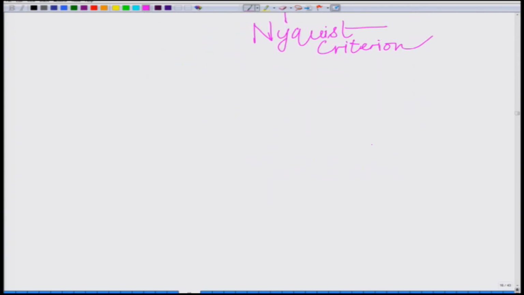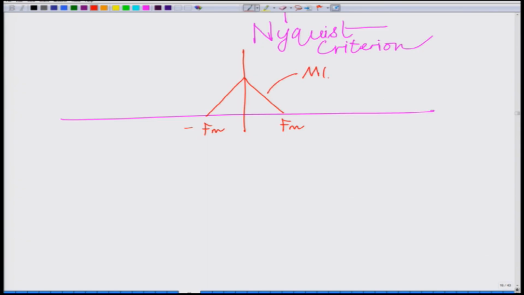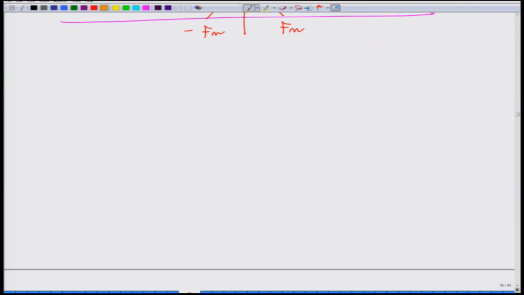And remember, when Fs is greater than 2Fm, what is going to happen? Let us say this is your original spectrum M(f) between minus Fm and Fm. You are sampling at a sampling frequency greater than 2Fm, then you are going to have this original spectrum first, scaled by Fs.